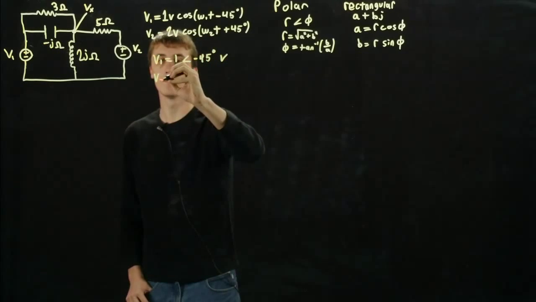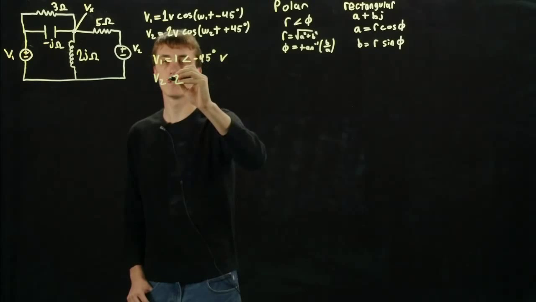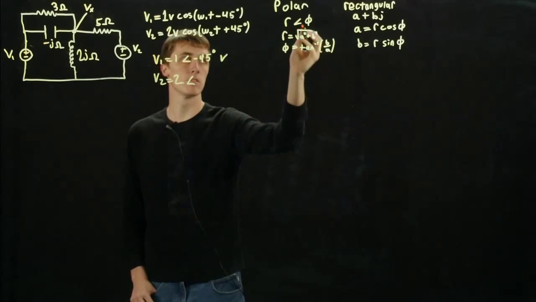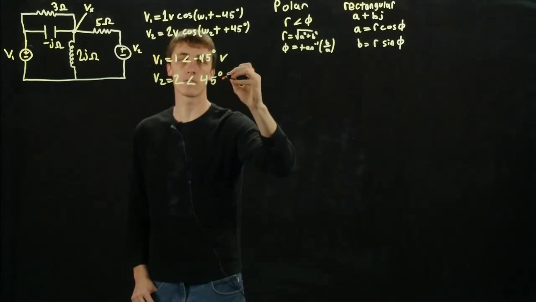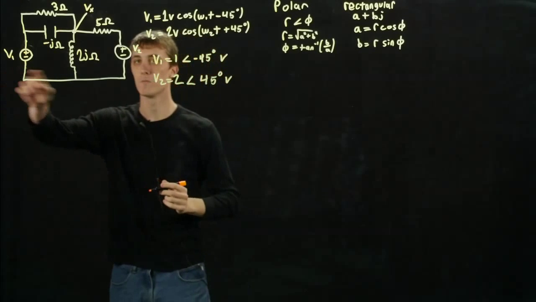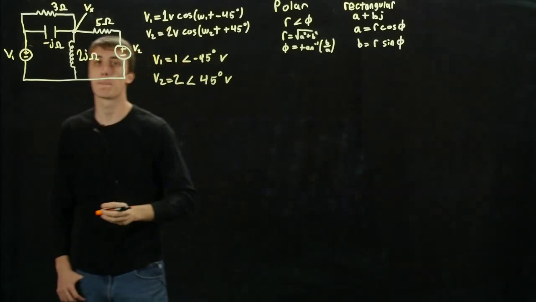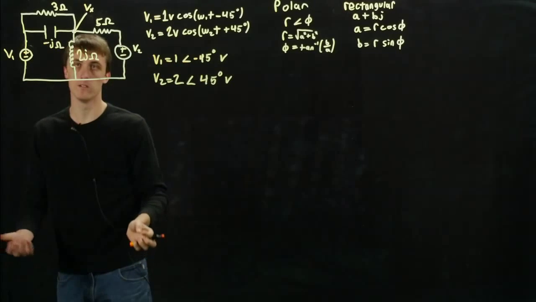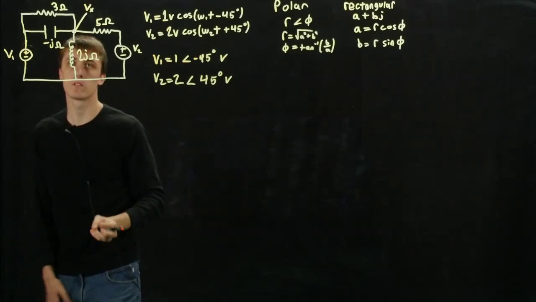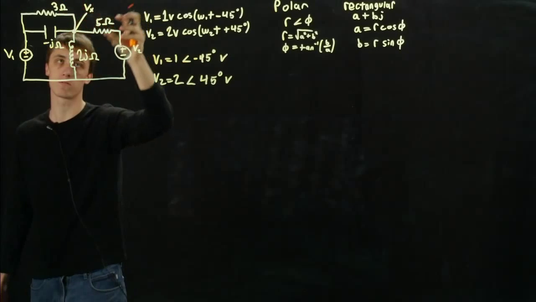And V2 is equal to 2 angle 45 degrees. These are the phasor voltages in the circuit, V1 and V2. So we solve this problem the same as we would a simple problem with three or four resistors.